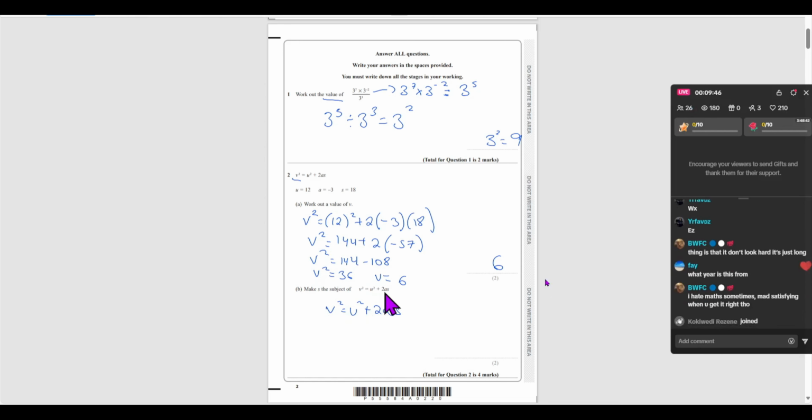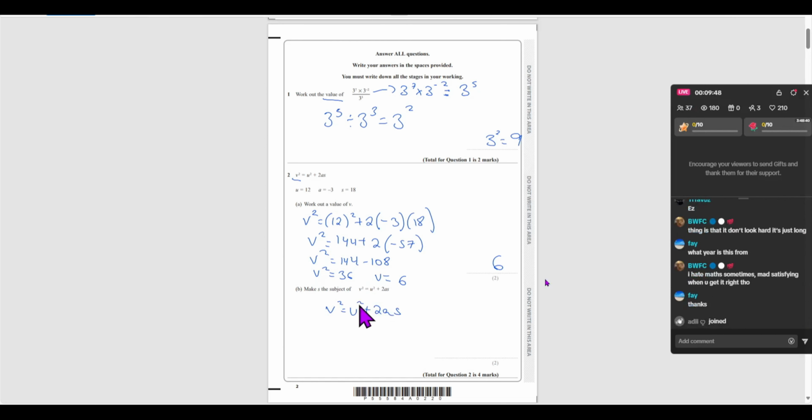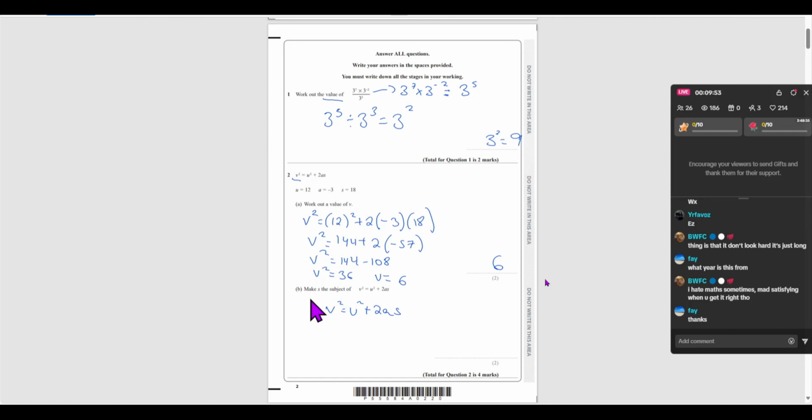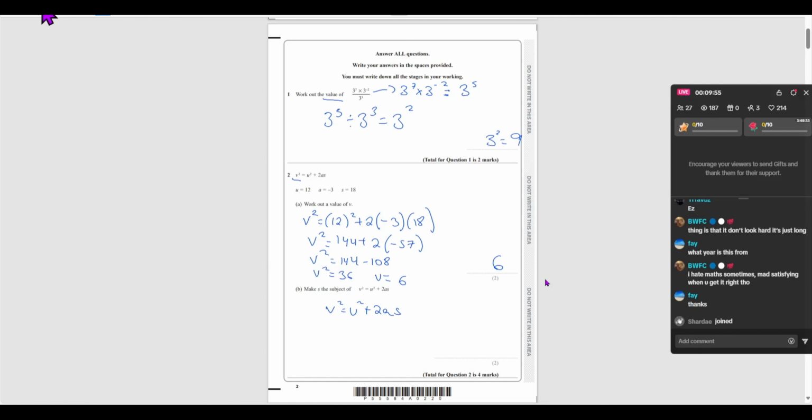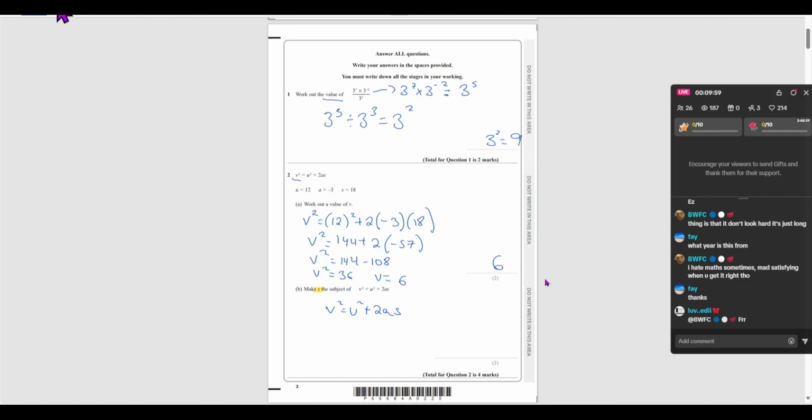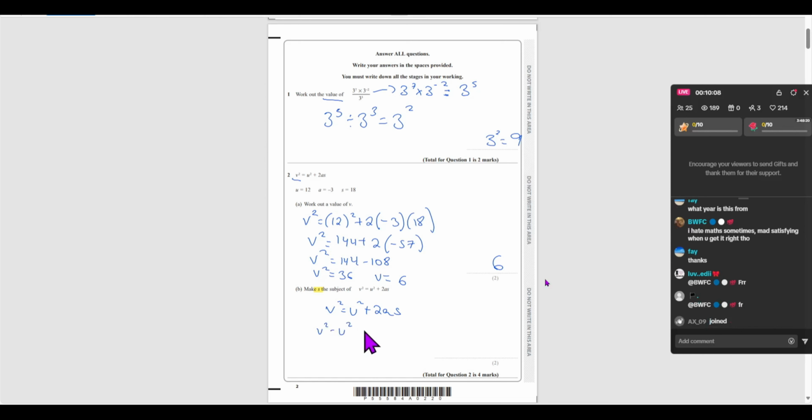Now, we need to make s on its own, because we have to make s the subject. What we're going to do is move this u squared over here, so we get v squared minus u squared is equal to 2as.